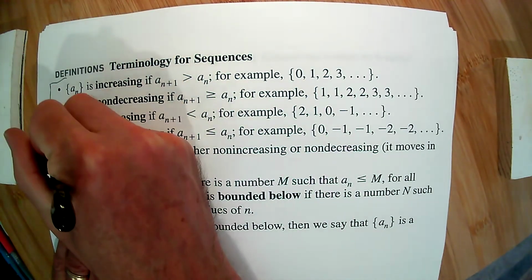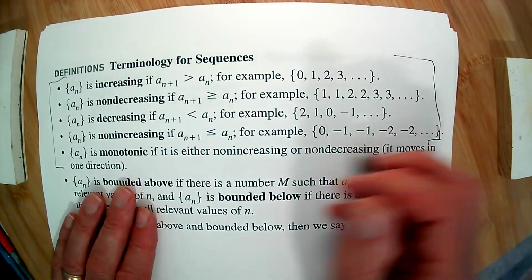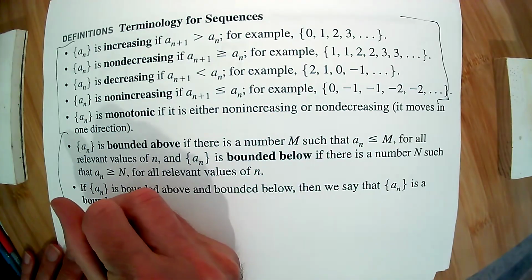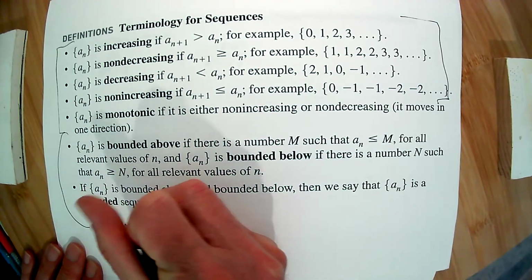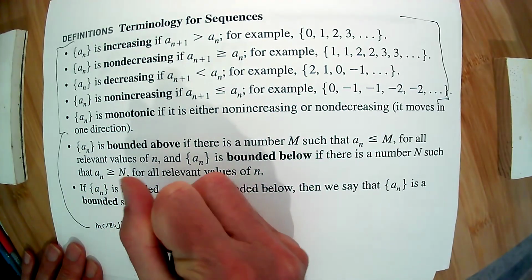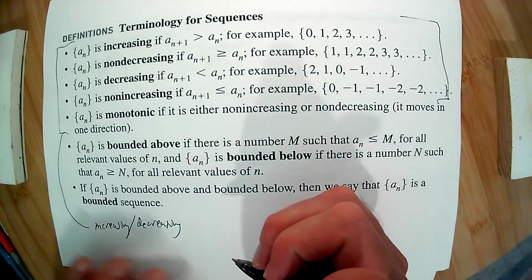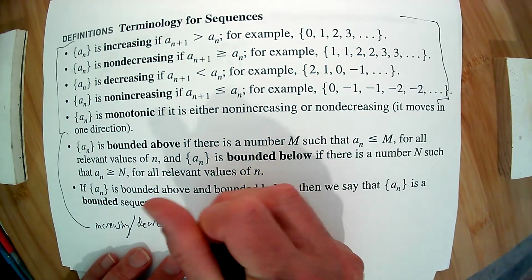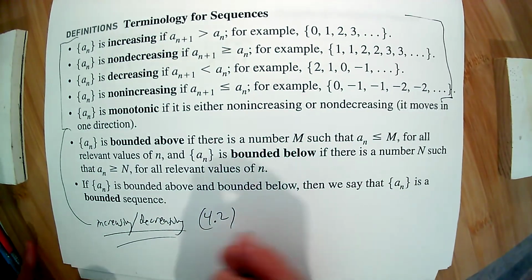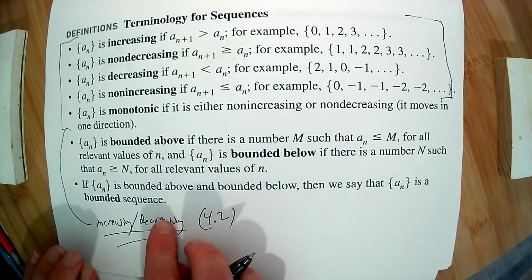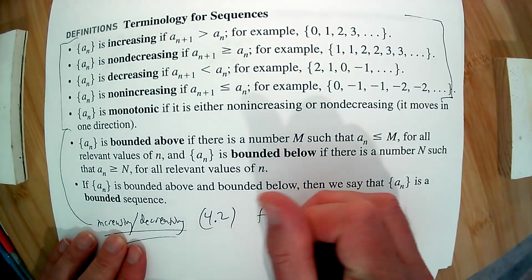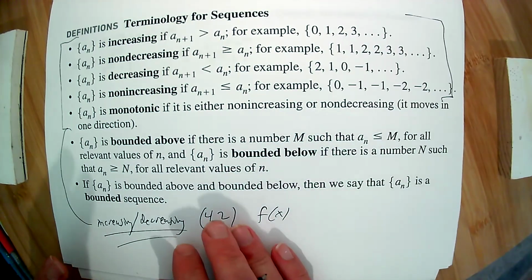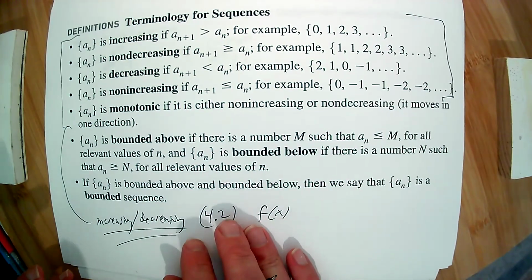All these first five things relate very much to the increasing and decreasing definitions that you saw at the beginning of chapter 4. If you look back at section 4.2, we talked about increasing and decreasing functions. And you know how to test to see if f of x is increasing or decreasing. You can take its derivative and see whether the derivative is positive or negative, right? Well, the same thing kind of works for sequences.